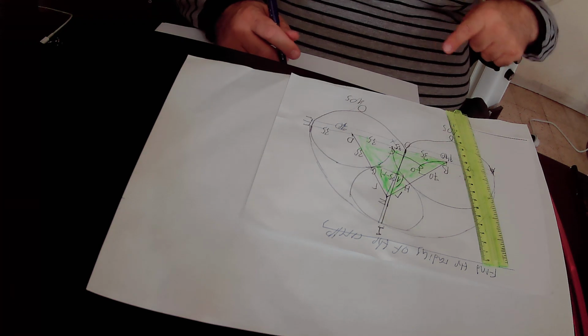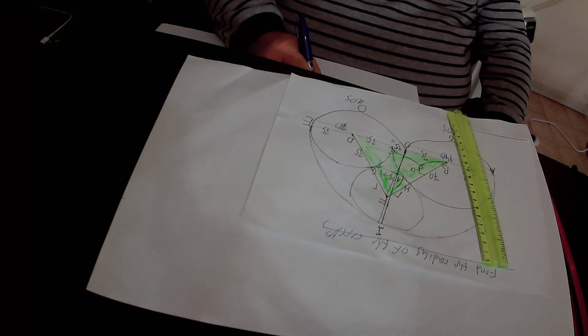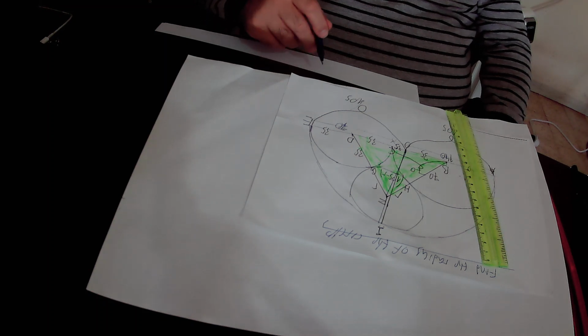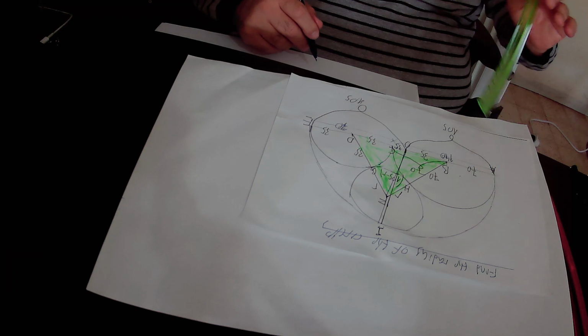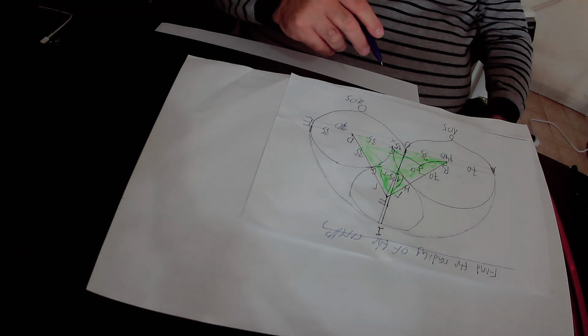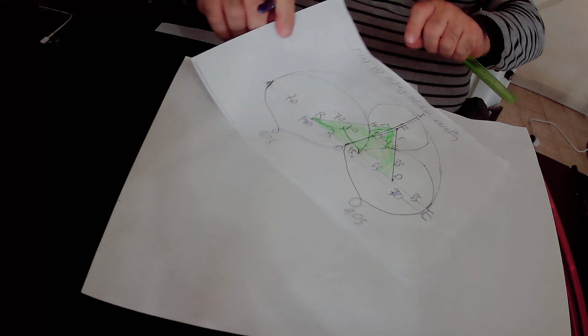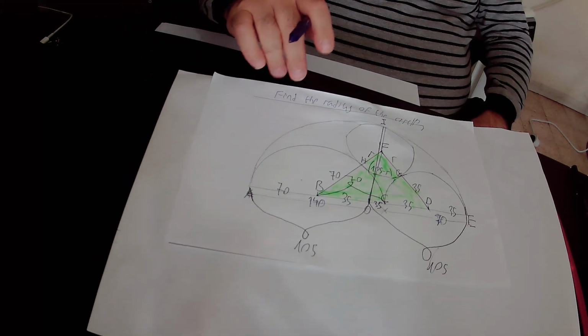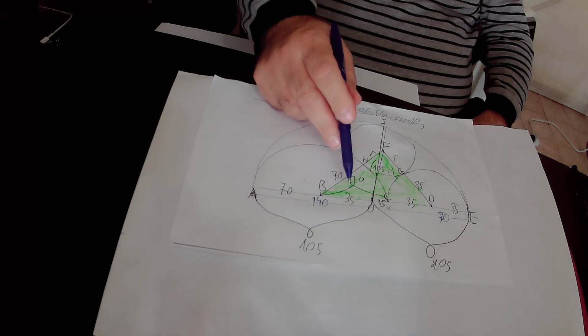FO equals 105 minus R units. Line segment BO equals 35 units.